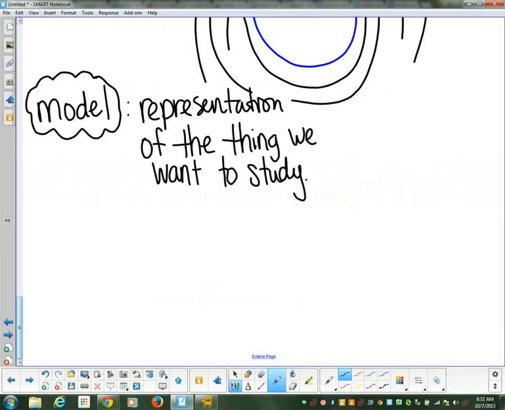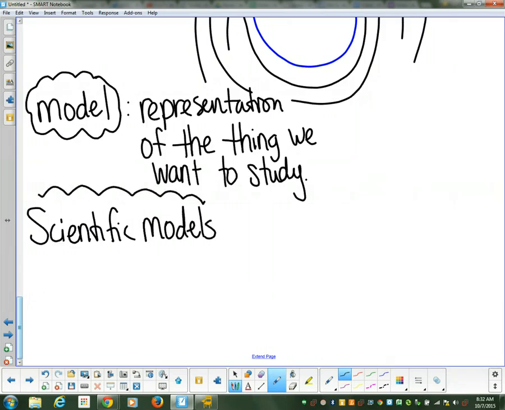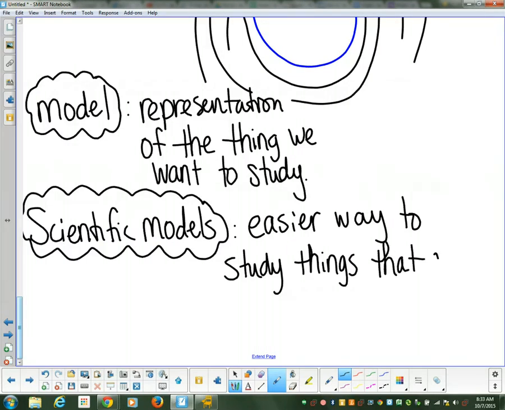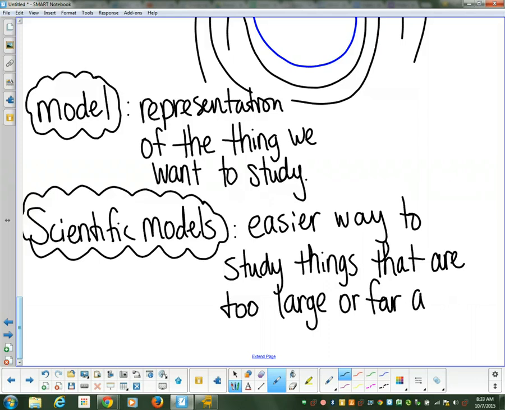And specifically, scientific models are going to be an easier way to understand things that might be large or difficult. So it's an easier way to study things that are too large or far away.